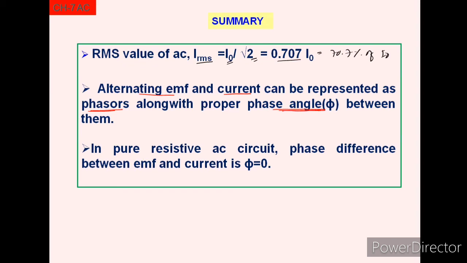Then lastly, we passed alternating current through a resistor, and we saw that there is no phase difference between the alternating current and EMF, or they are in the same phase.